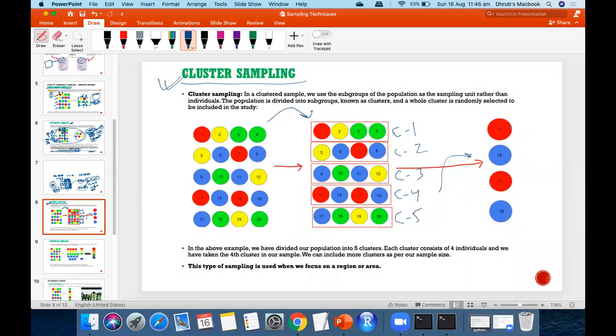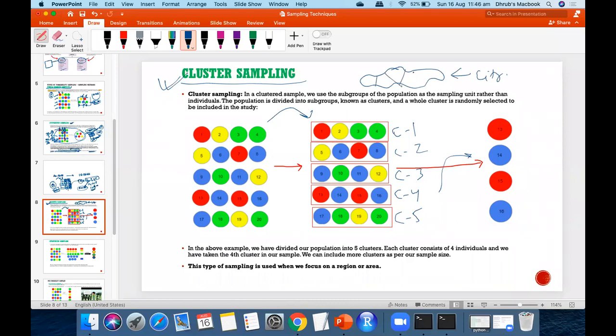Now you would ask what things we keep in mind while dividing into clusters. There are some merits and demerits, but let's first talk about how to divide the clusters. For example, I'm going to talk about a city.